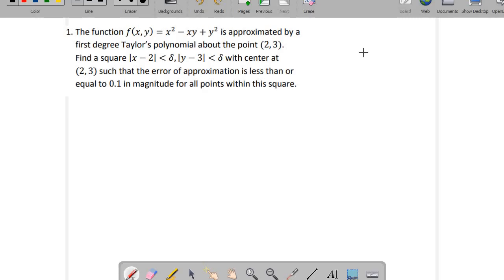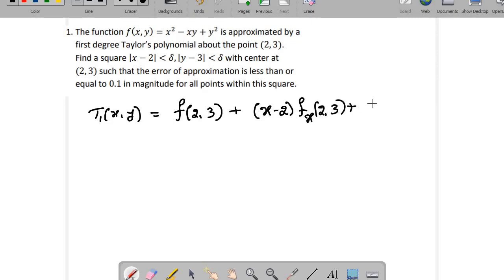To answer the first part, what do you need? They're asking for the first degree approximation T1 of (x, y) about that point, which would be f at (2, 3) plus (x minus 2) times fx at (2, 3) plus (y minus 3) times fy at (2, 3).